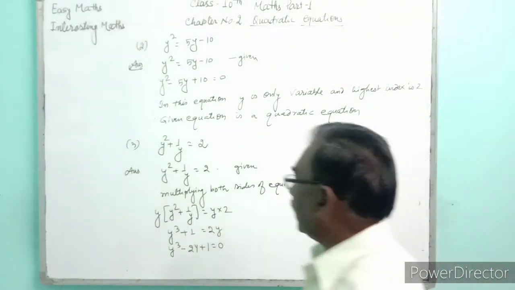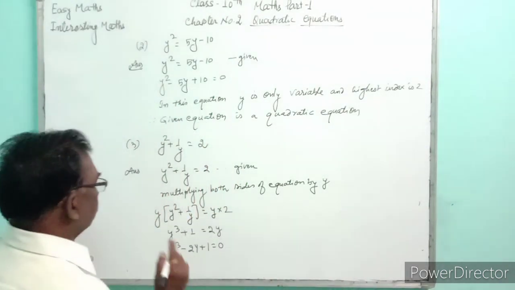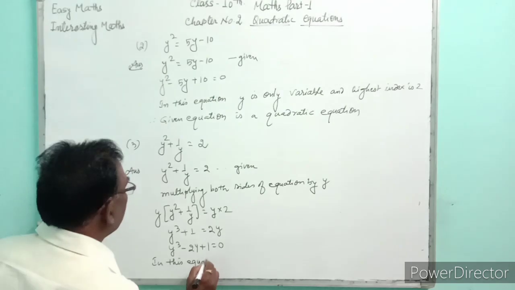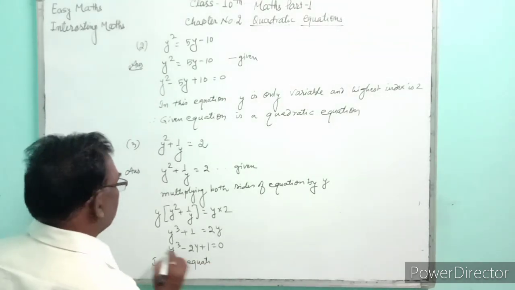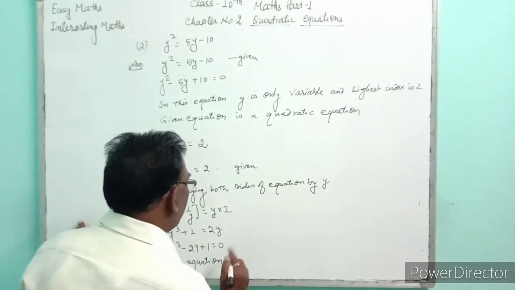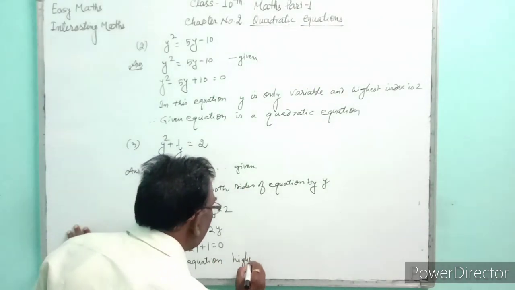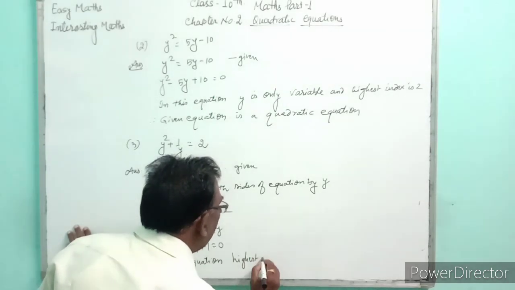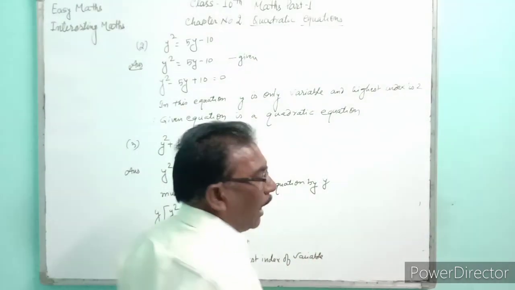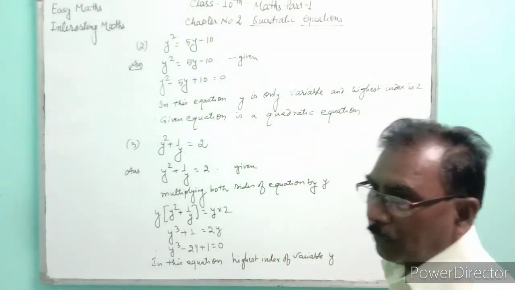This is the simplified form. But in this equation, the highest index of variable y is how much?